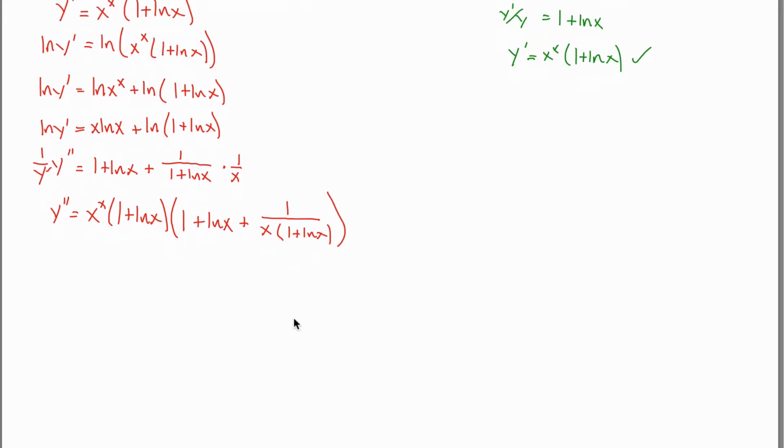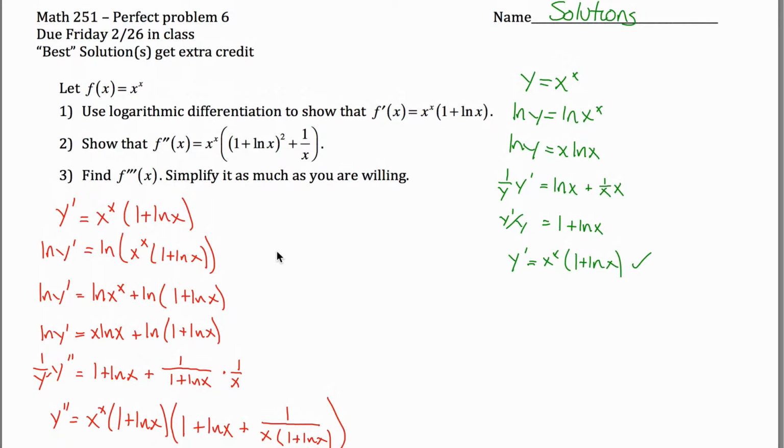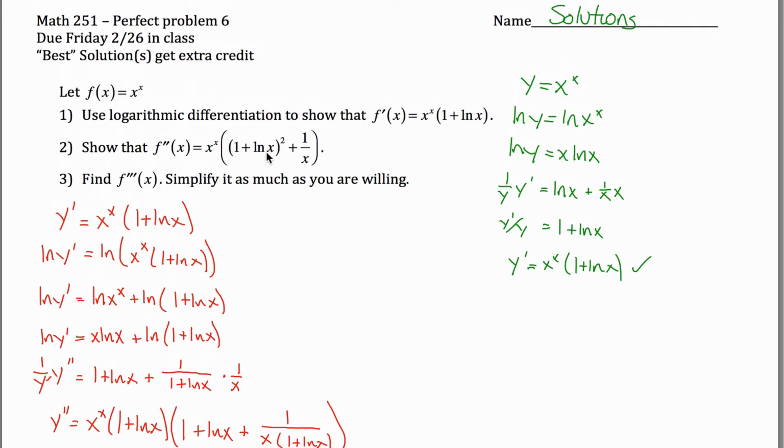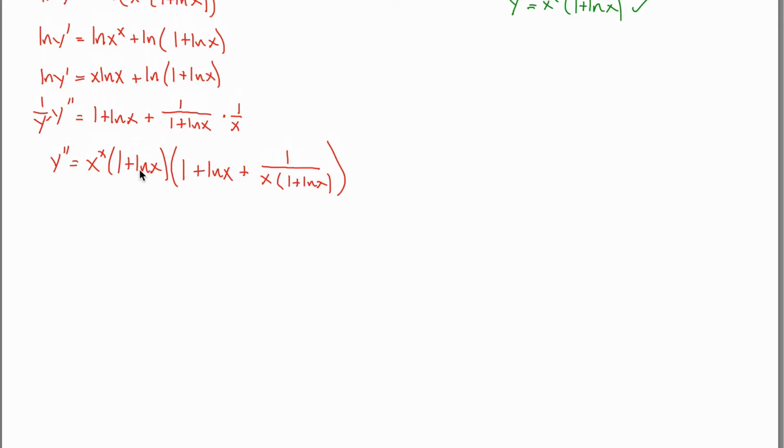Get to here. And then what I'm going to do is recognize that I have this 1 plus natural log of x in the denominator here. Let's see, what form am I trying to end up with? I'm trying to end up without one of those in the denominator. So maybe I'll take this 1 plus the natural log of x and sort of distribute it through.